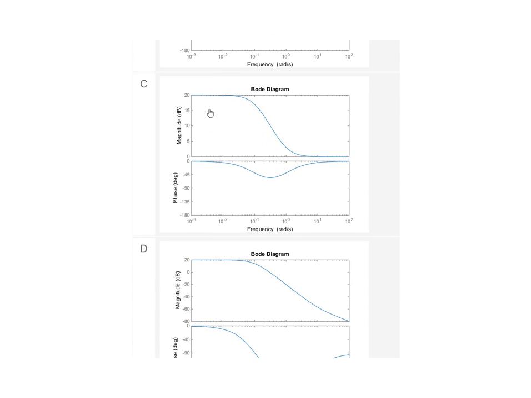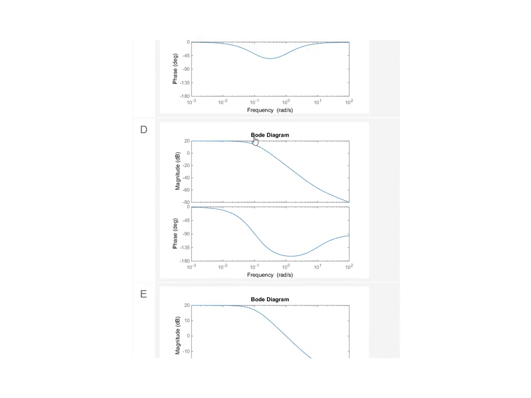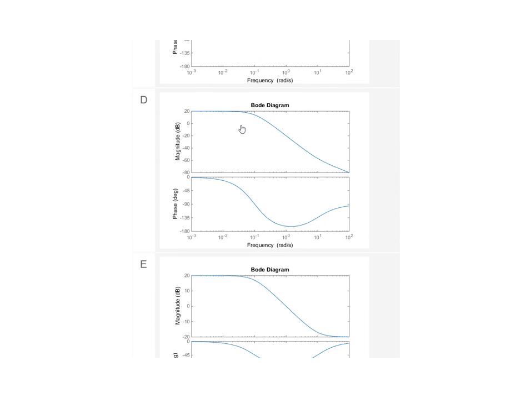C seems to be consistent. We have here a low frequency gain of 20 dB. The high frequency gain is 0 dB, and the lag action is starting at 0.1 radians per second, and the lead action is starting at 1 radian per second. So this seems to be correct. Again, we can exclude this one here.